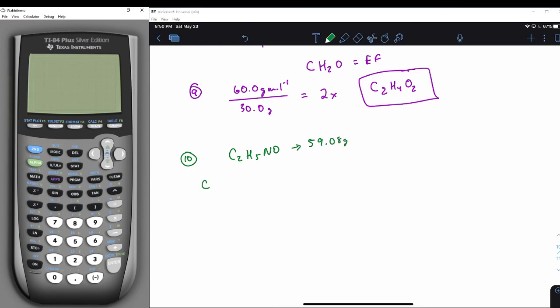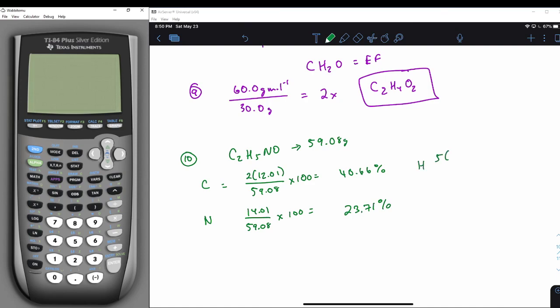So for carbon, there's 2 carbons, so that's 2 times 12.01 over 59.08 times 100 gets you 40.66%. N is 14.01 over 59.08 times 100 gets you 23.71%. H is 5 times 1.01 over 59.08 times 100, which gets you 8.55%. And then O is 16.00 over 59.08 times 100, which gets you 27.08%.